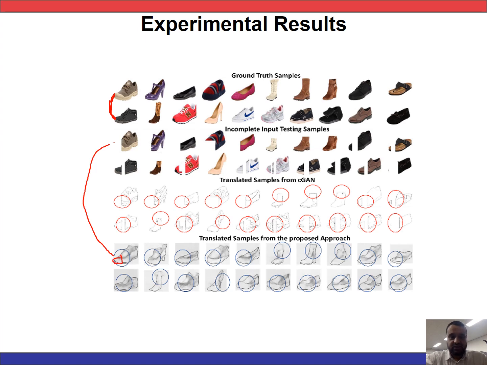Similarly here, and we also compared this with other approaches. When we provide these images to the other approaches, those approaches were not able to generate the full image. So here we can clearly see that the missing parts are translated to the output.